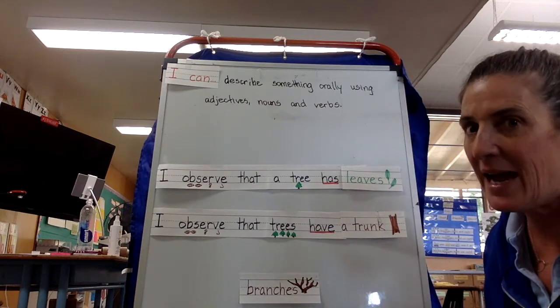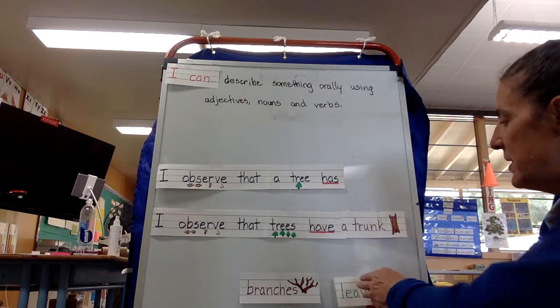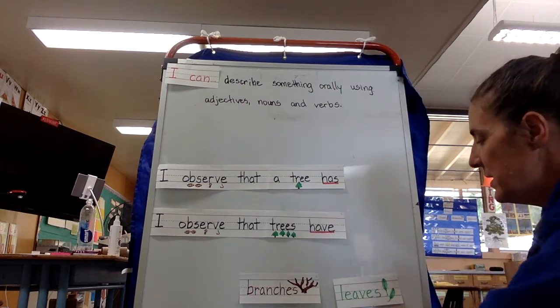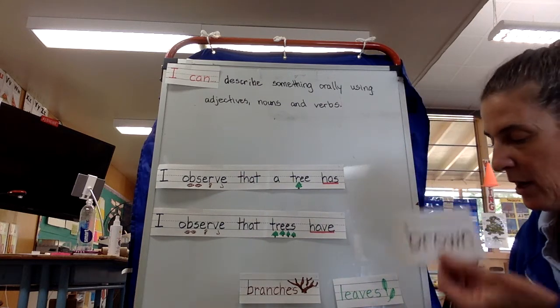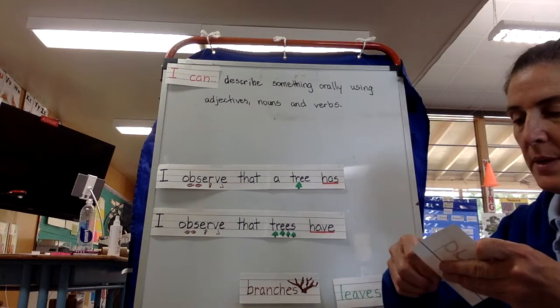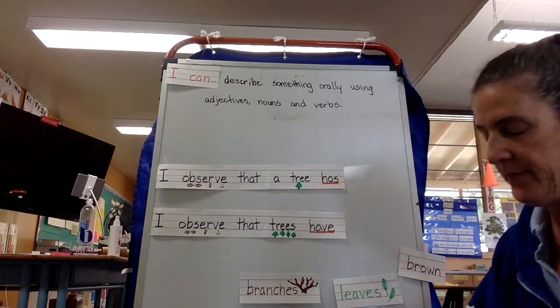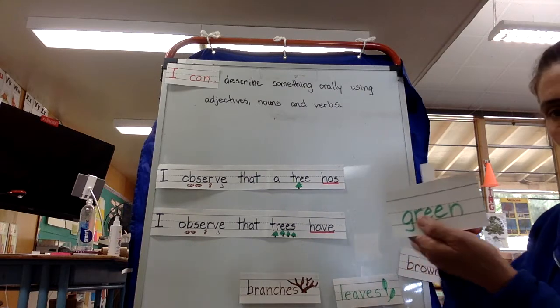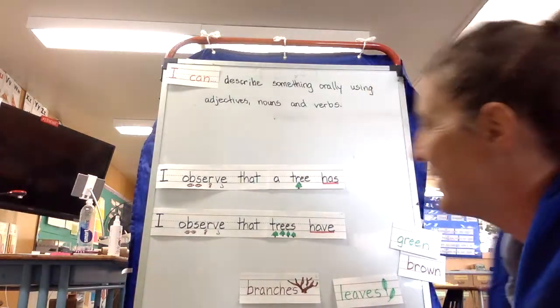Then we get to add the adjective. It's a little different. Let me bring these nouns down here. These are nouns. Now our adjectives are either going to be brown or green. Now here's how this works.